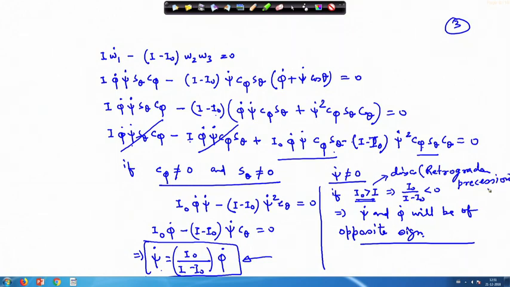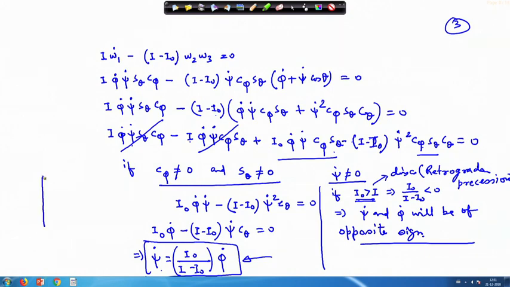Here the handwriting cannot be very good because it is being written on the screen of a desktop. So, exactly, you can visualize from this equation. Earlier we did this through the geometry, that psi dot and phi dot are of opposite sign.